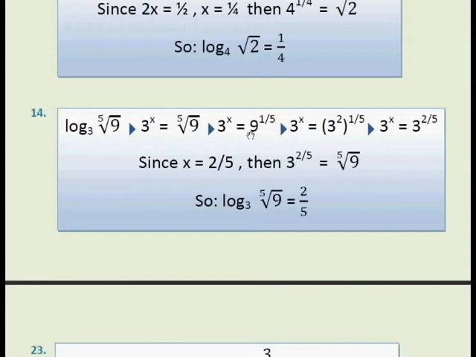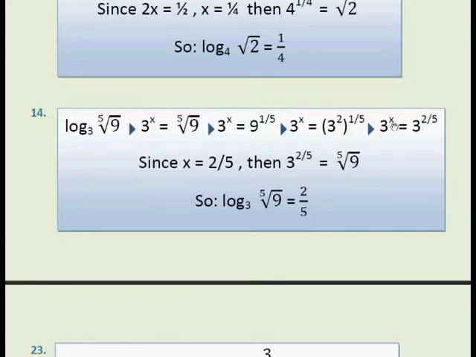So 3 and 9 are nice because 9 is just 3 squared. So instead of 9, we substitute 3 squared for 9 in this equation. Once we do that, we have 3 squared to the 1/5. Now remember, when you have your exponent right next to the parenthesis, you just multiply these two exponents. 2 times 1/5 gives us 3 to the 2/5.